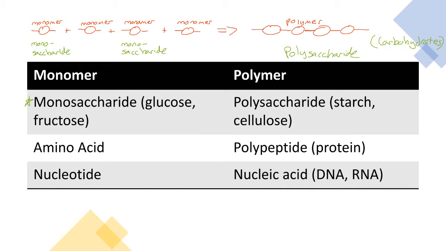If we're talking about proteins, the monomer is going to be an amino acid.